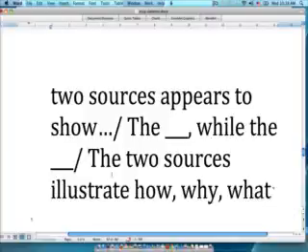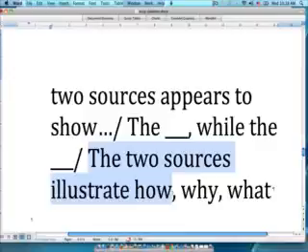So when we wrote our response, we wrote something similar to this: the two sources illustrate how the process of irrigating tomatoes in a dry landscape works, or something like that.